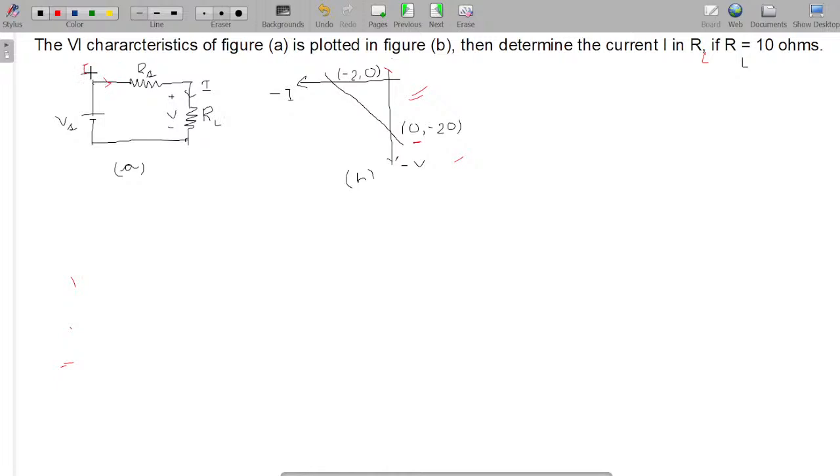Now we need to determine the value of current I. Vs is not provided, Rs is not provided. The rest of the values are given. We need to exploit the values in this graph to get the values of Is or I as desired.